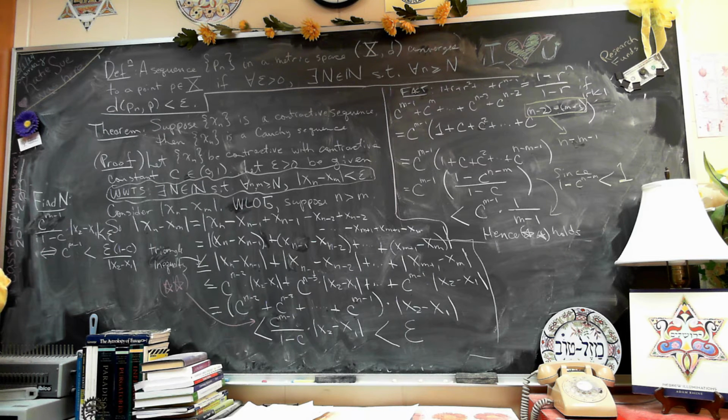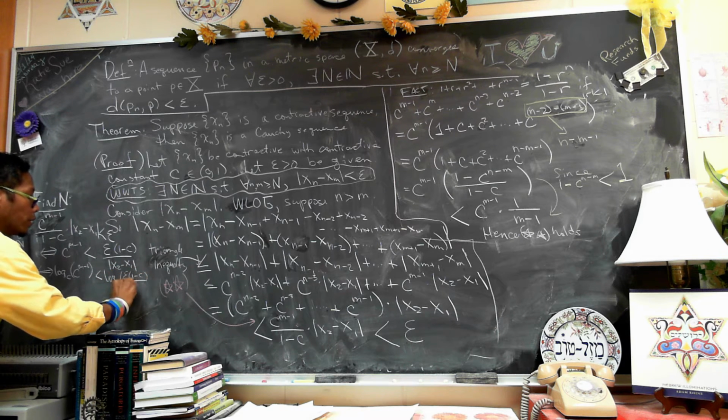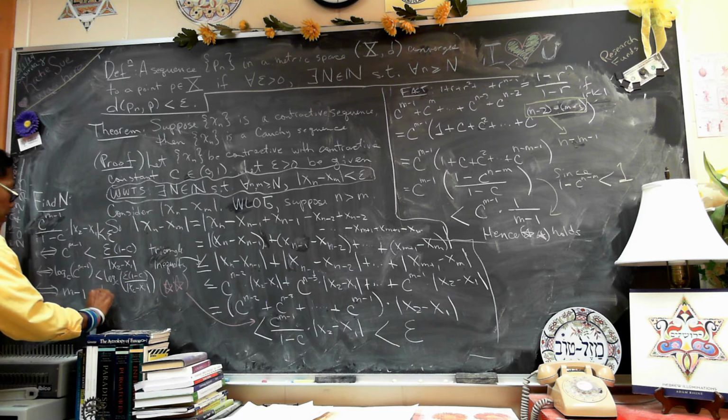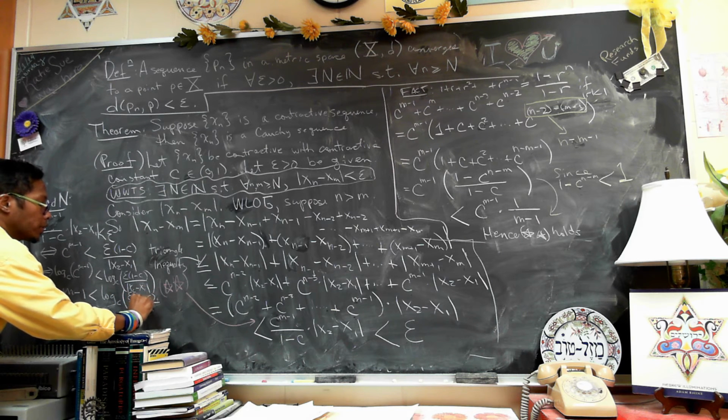And then I take the log base c of both sides, which flips the inequality: m minus 1 is greater than the log base c of epsilon times 1 minus c over x sub 2 minus x sub 1.